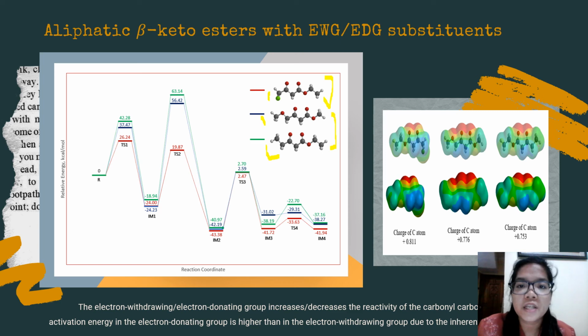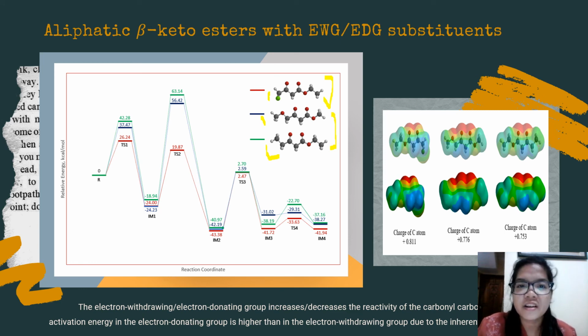As for the O-methyl and methyl groups, O-methyl is more stable than methyl because O-methyl has lone pairs on oxygen that are shared via resonance, whereas methyl releases electron density through hyperconjugation. Therefore, the electron withdrawing group increases the reactivity of the carbonyl carbon, while the electron donating group decreases the reactivity of the carbonyl carbon.